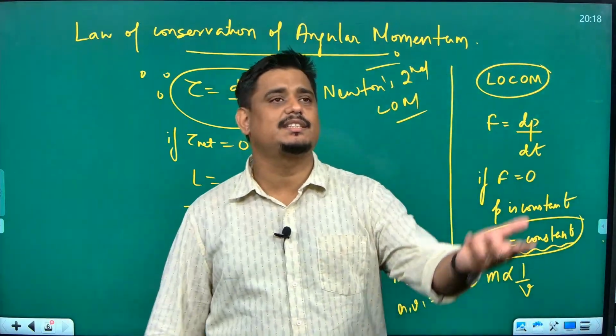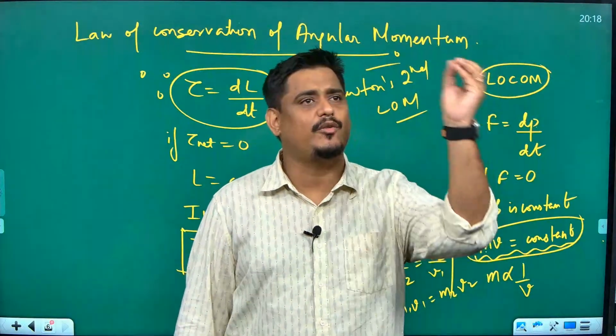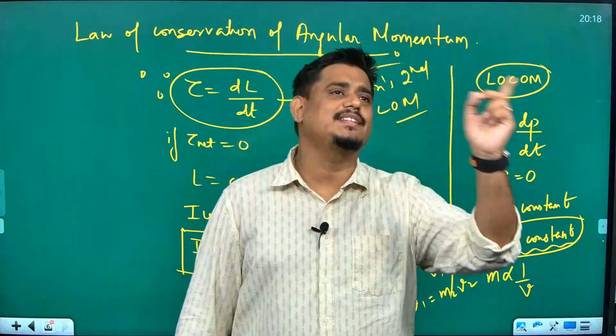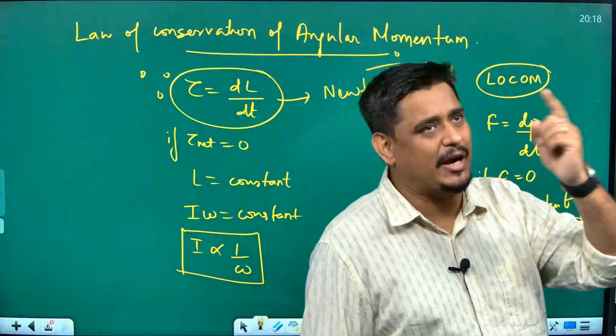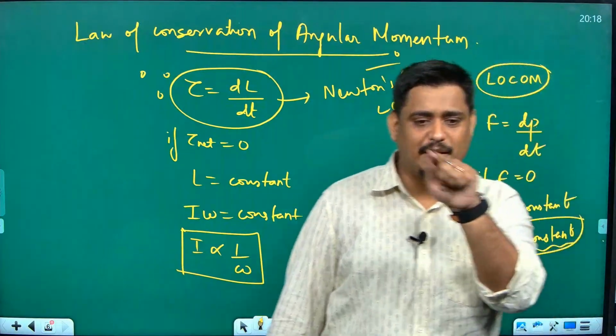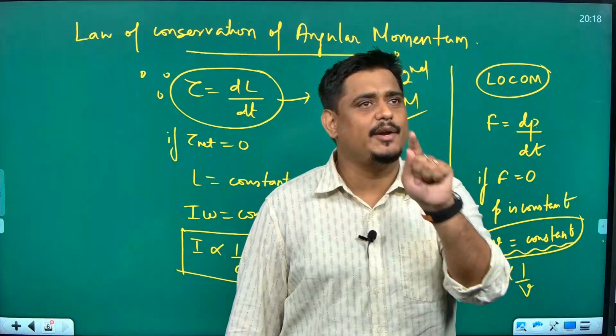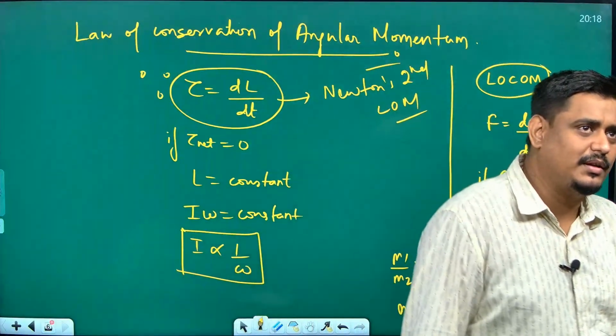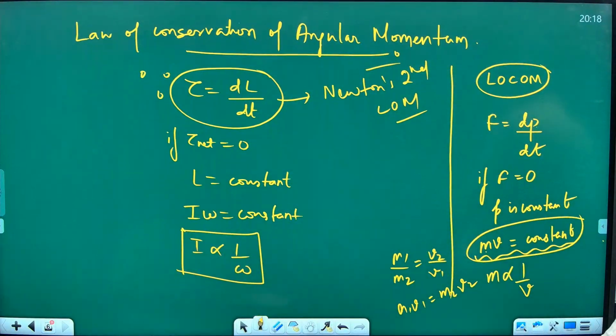Same way, since force is directly proportional to rate of change of momentum, torque is directly proportional to rate of change of angular momentum. So tau will become proportional to dL by dt, tau will become equal to k into dL by dt, and k becomes equal to 1 experimentally, so tau is equal to dL by dt. Got my point? So basically it is the second law of motion.